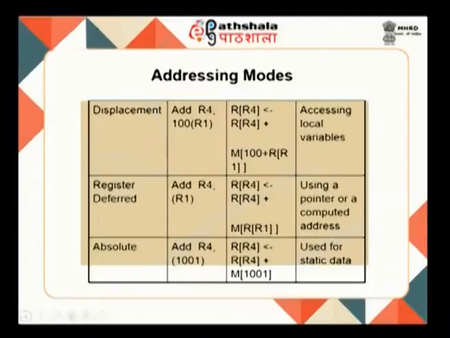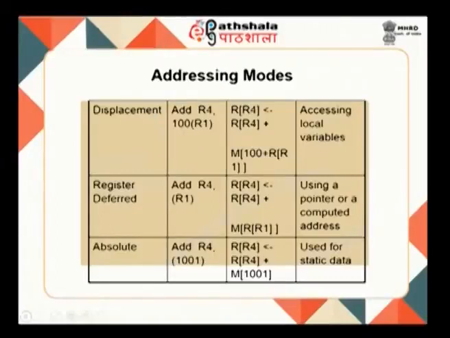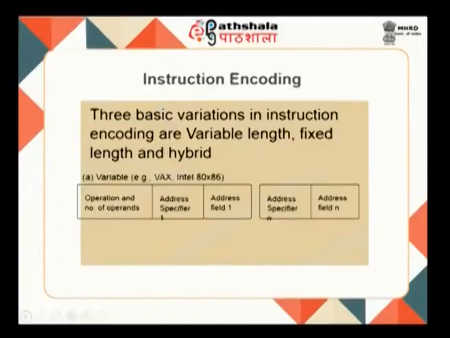Similarly, you can look at absolute addressing, where the effective address is given along with the instruction. When I say add R4 comma (1001), 1001 does not indicate the data, it only indicates the address of the data. You go to memory location 1001, you get the data, and that is the data on which you have to operate. This is normally used for static data.